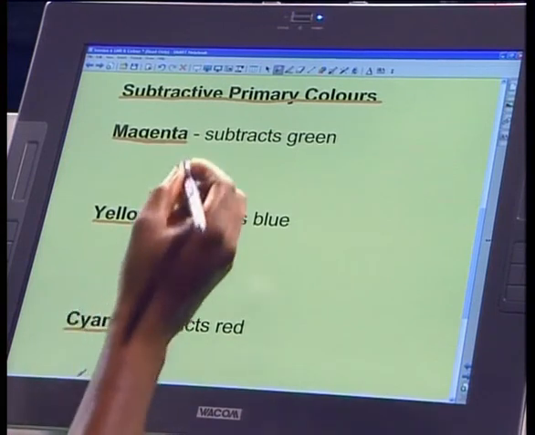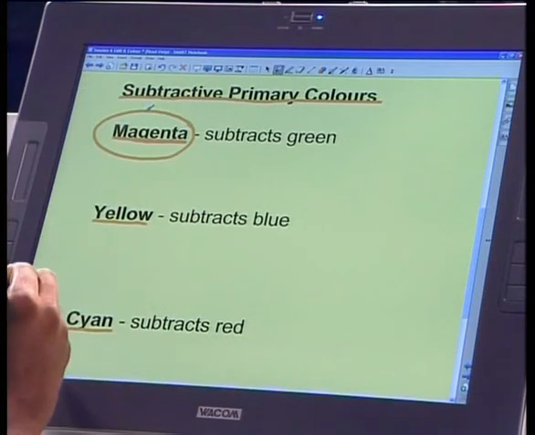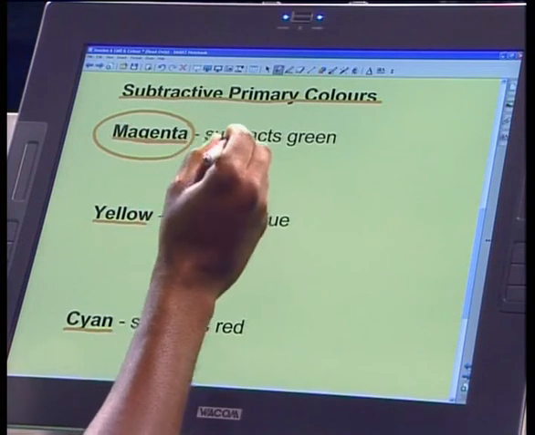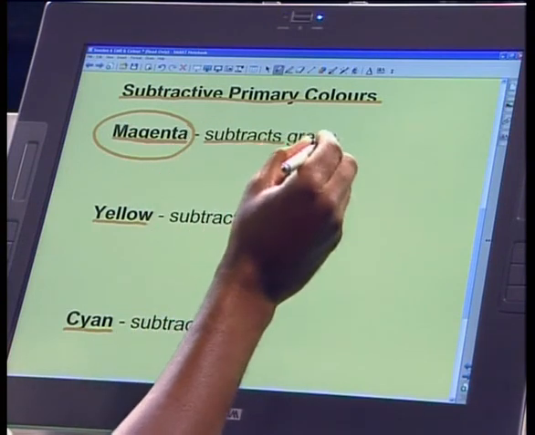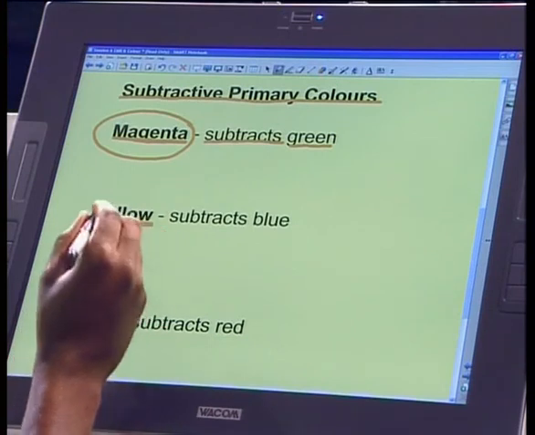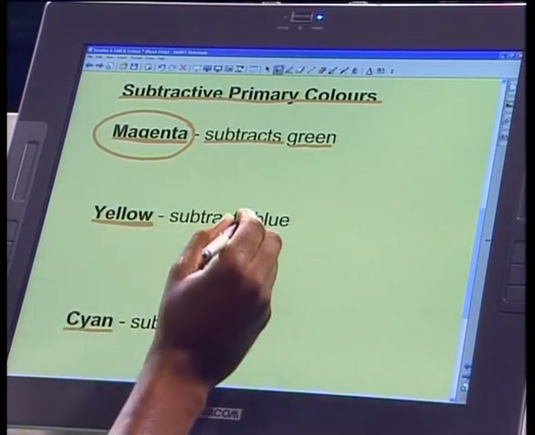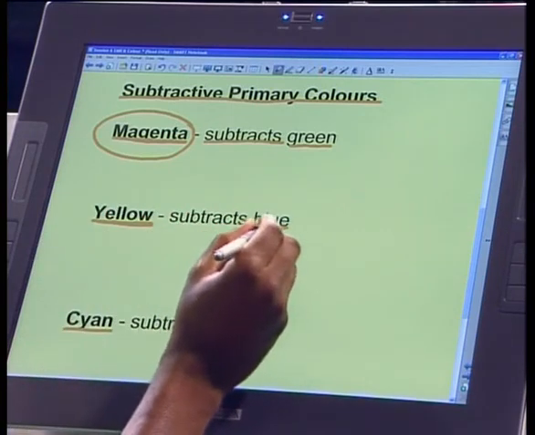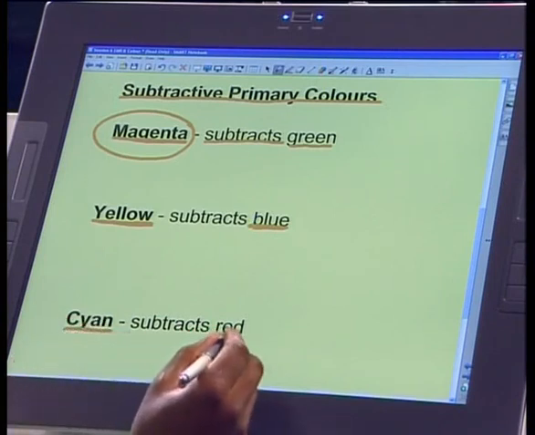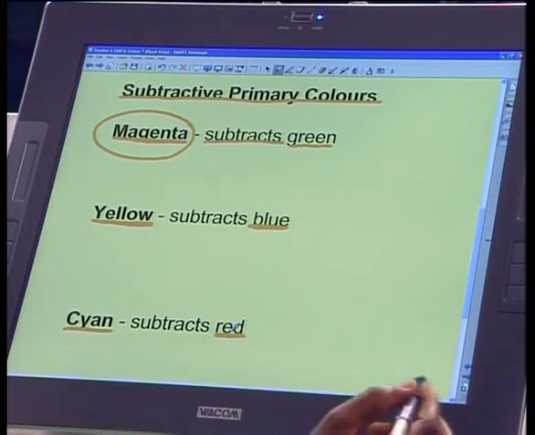Right? Now, this primary pigment color, magenta, will always subtract green from light. This primary color of the pigment called yellow will always subtract blue. It will take out blue from light. Cyan, in the same way, is going to take out red from light. Okay?